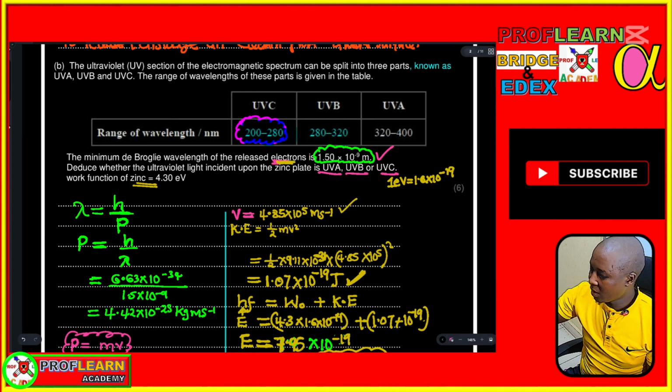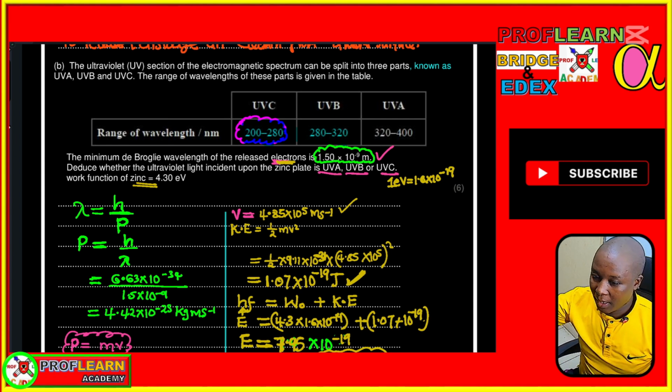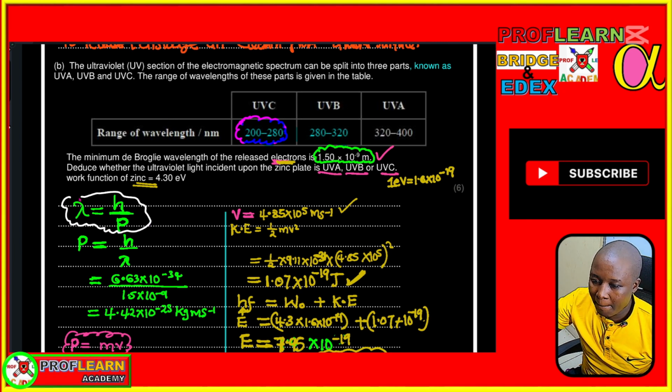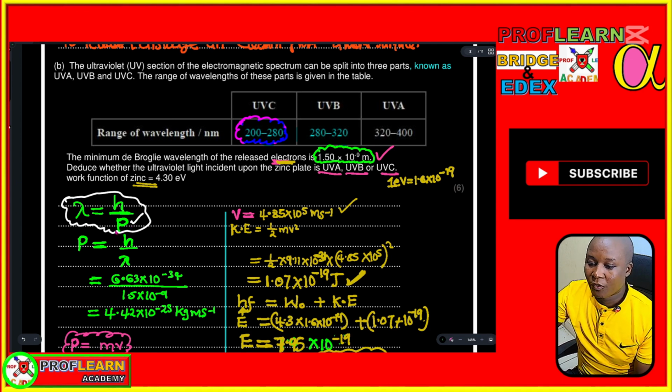So de Broglie's equation is usually lambda equals h over p, where h is Planck's constant and p is the momentum of that particular electron. Which means that if we want to calculate the momentum, we can say momentum equals h over lambda.